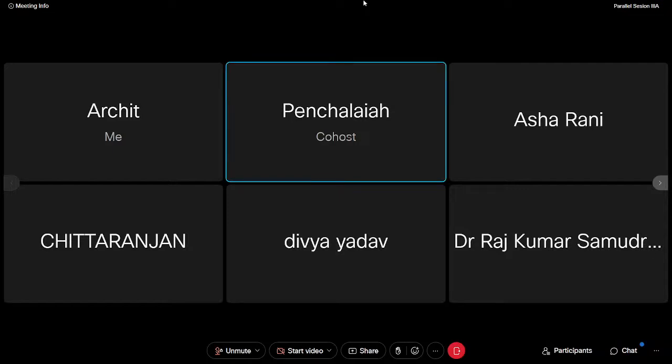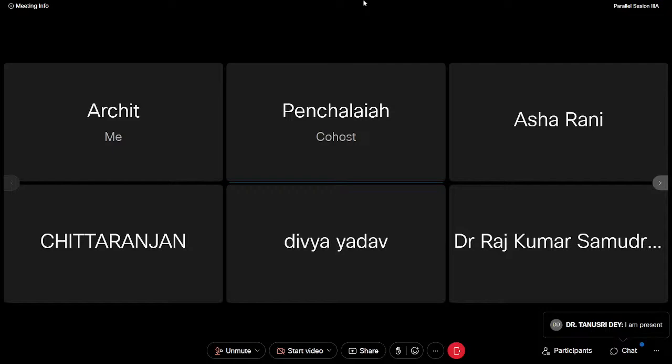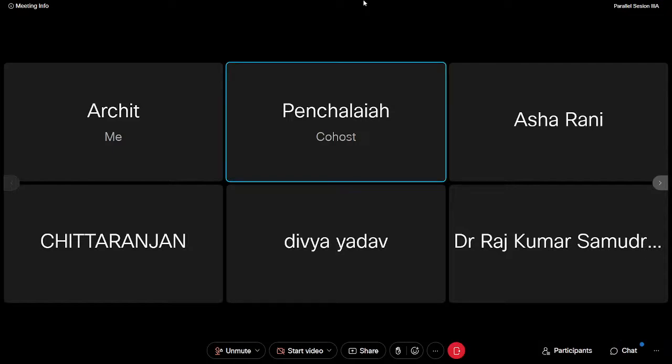Next, Tanu Sri Dev. Tanu Sri. Tanu Sri Dev.